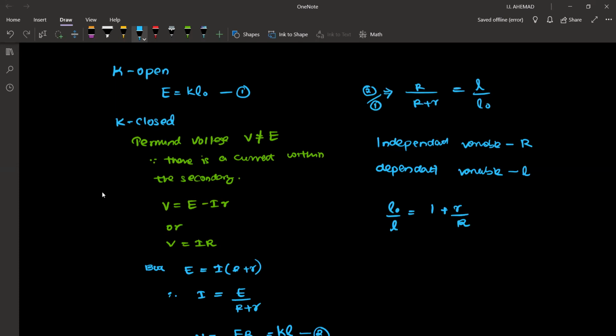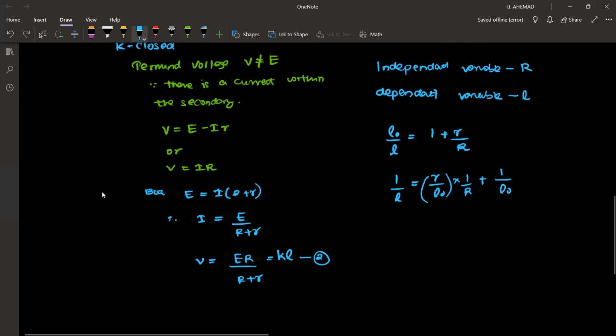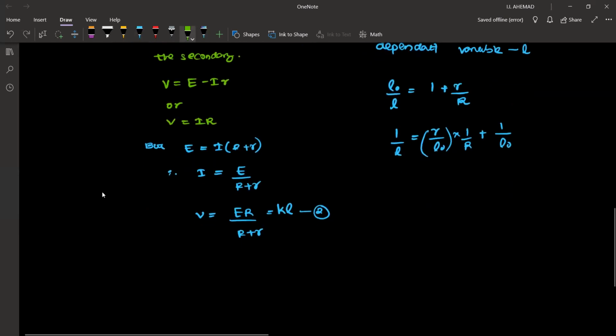Okay. Now, we can subject 1 over L. So we get 1 over L is equal to R over L naught into 1 over R plus 1 over L naught. So this equation is in the form y is equal to mx plus c.